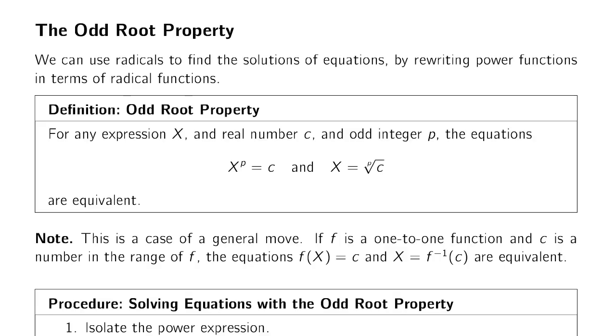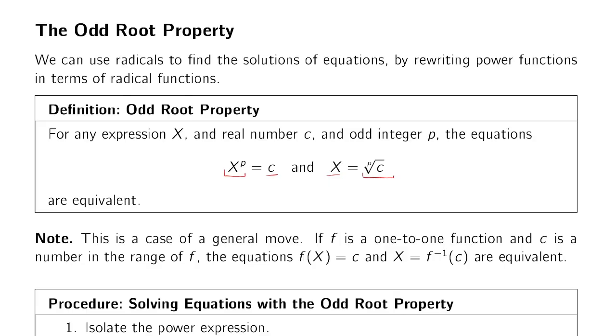If we have an odd power of some expression equal to any real number c, and an odd integer power p, then for any expression, x to the p equals the number c is an equivalent equation to x equals the pth root of c, meaning they have exactly the same solutions.